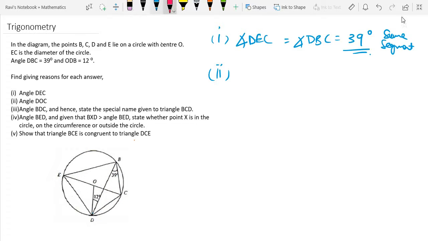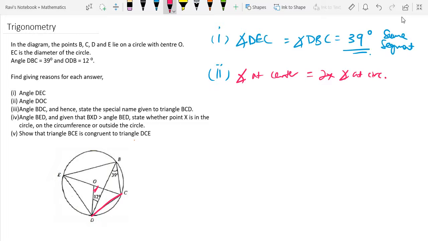Now let's look at the second part here, angle DOC. To find this, you must apply the rule that says that angle at center is equal to 2 times the angle at circumference. So again, D and C is the common point here.